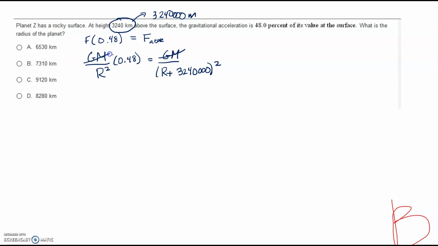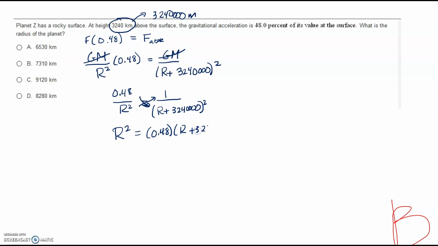These are going to cancel. And I get 0.48 over r squared is equal to 1 over this. Okay, and then I'm going to cross multiply this. So I get r squared is equal to 0.48 times 1, 2, 3, 4.